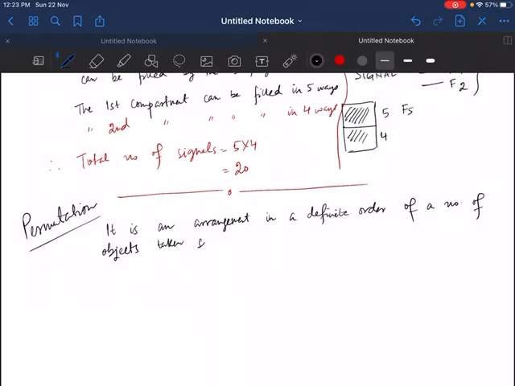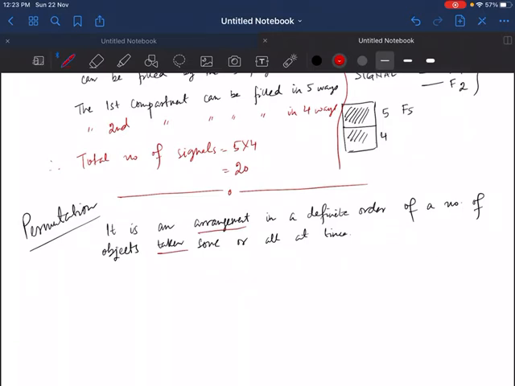So basically, what is the main thing here? It says it is an arrangement. It is an arrangement in a definite order of a number of objects taken some or all at a time. So basically, first we have to do what?